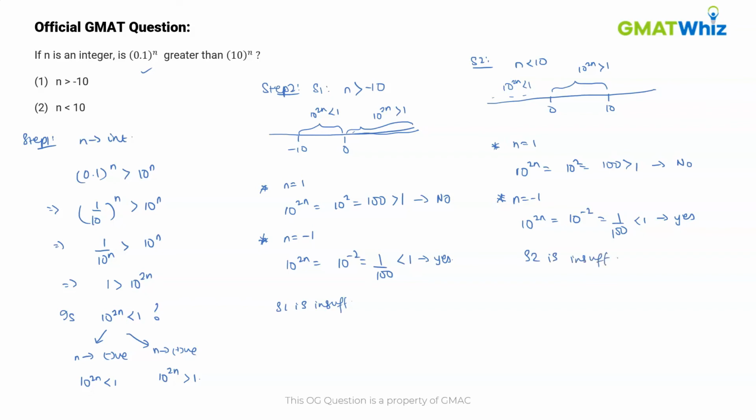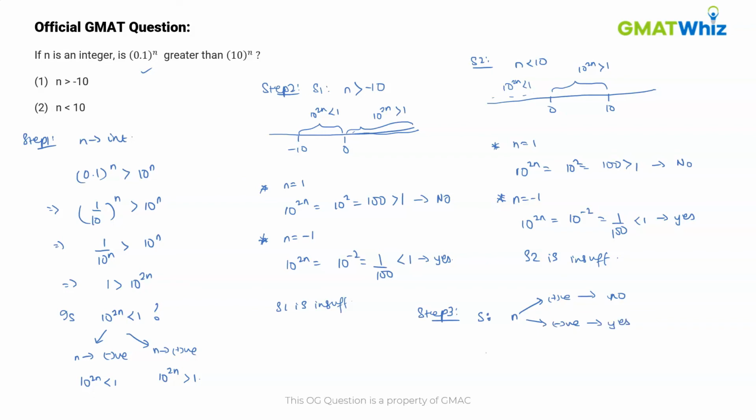So we now move on to check the sufficiency of both the statements together. Now in step 3, from statement 1, we have that when n took a positive value, the answer to the question was no. But when n took a negative value, the answer to the question was yes.